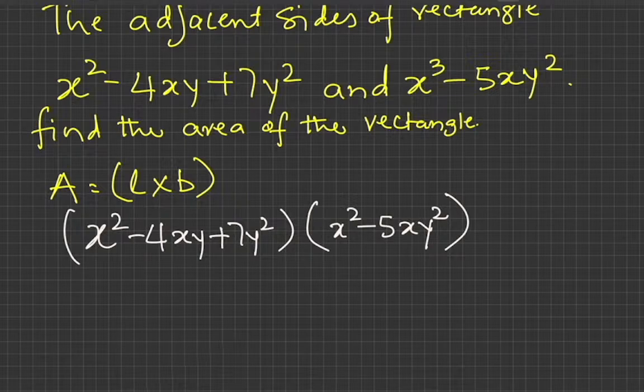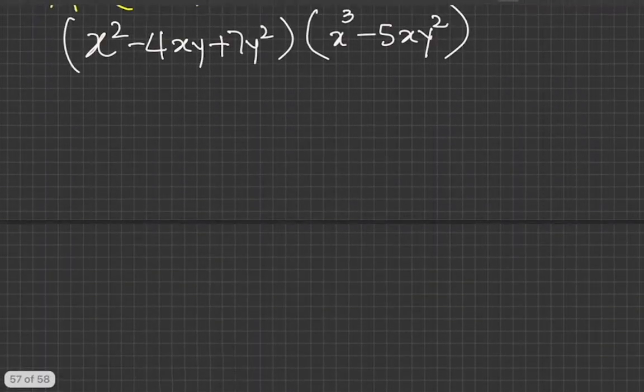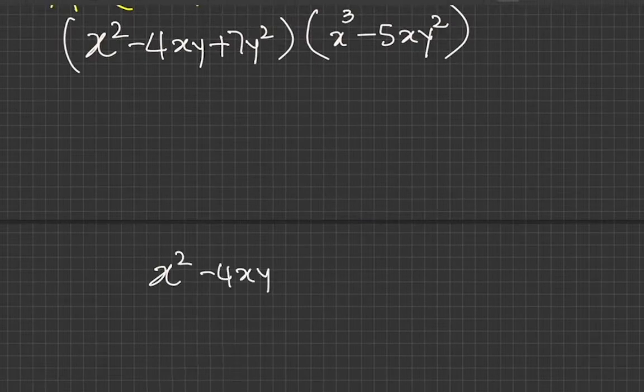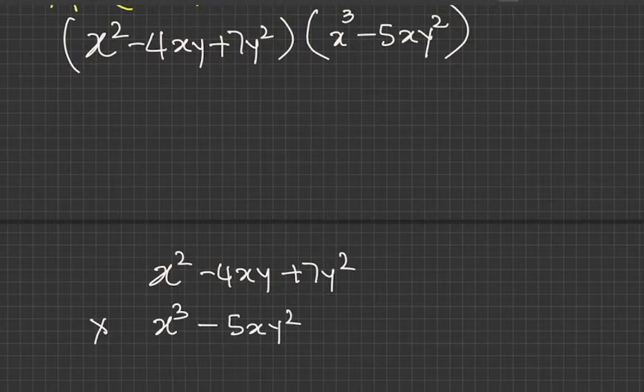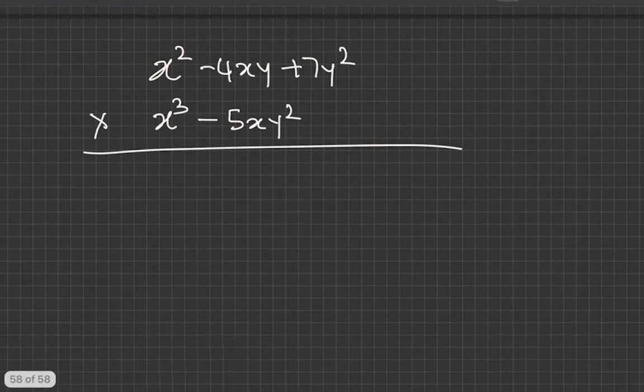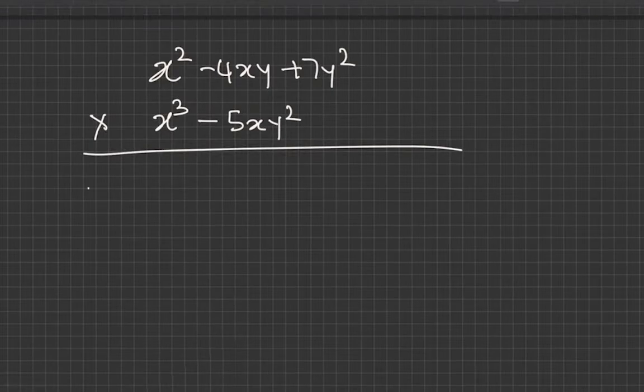So this is x cubed here. Right? So now I have x squared minus 4xy plus 7y squared, and you multiply it by x cubed minus 5xy squared, right? So now x squared times x cubed will be x to the power 5.